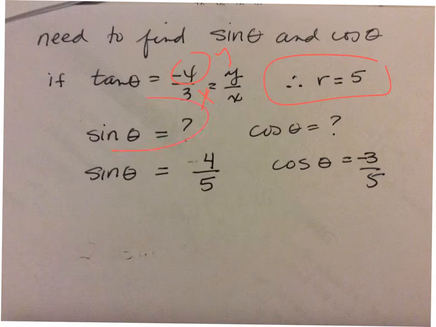Since theta is in quadrant 2 according to the question, sine theta has to be positive. That's why we got 4/5, and cos theta is -3/5, which is going to be negative. Now it's time to work out the double angle formula, sine 2 theta.